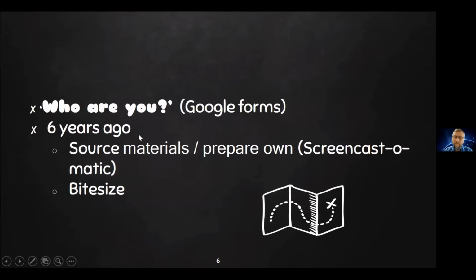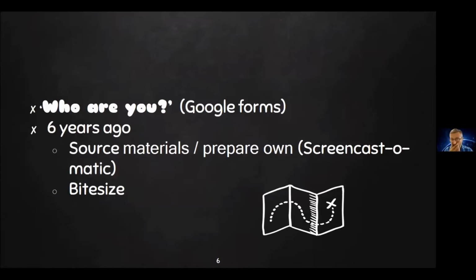But the 6 years ago means how it all started for me. Six years ago, one of my colleagues, Dr. Usmaliza in the Education Department, gave us a lecture on flipped classroom and the basic concept of it and how it works. She talked about preparing our own materials, and I remember Screencast-O-Matic was the program she introduced us to.